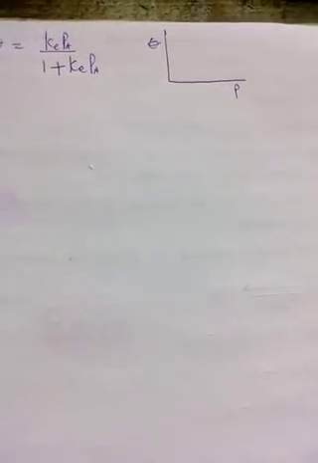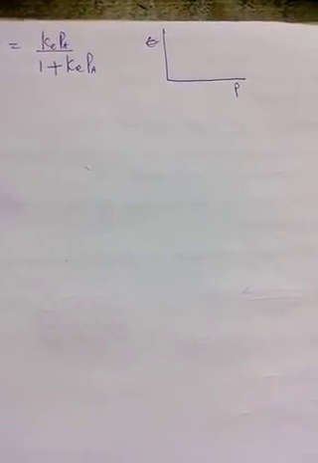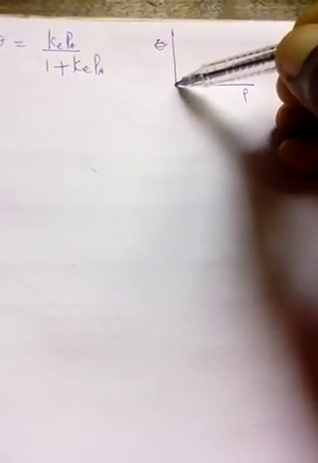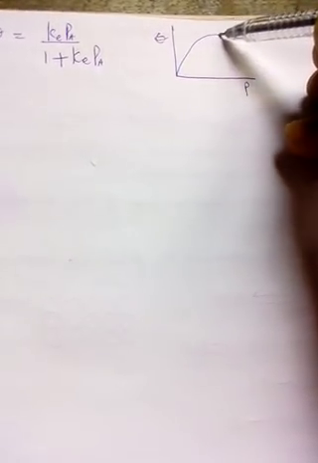When we plot theta against partial pressure, we get a graph that looks like this. It is increasing with pressure, and as you get to a point, it levels off and remains constant. At low pressure, because the gases are behaving ideally, it follows partial pressure.